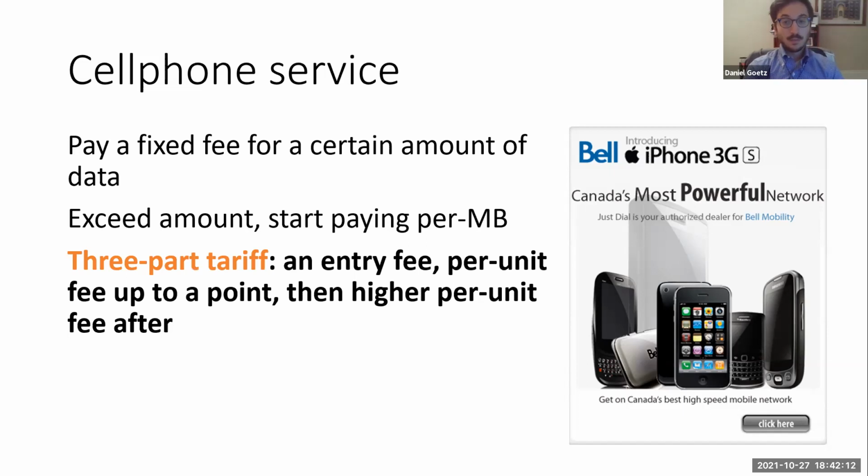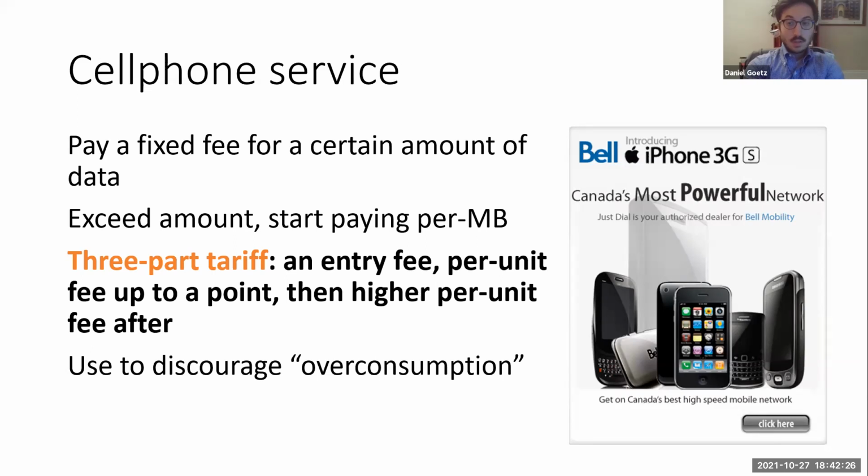There's an entry fee, and then there's a per unit fee up to a point, and then there's a higher per unit fee after that. So what's the logic here? Why a three-part tariff? In this case, you want to use it to discourage overconsumption, right? You see these bandwidth caps less and less, but back in the day, the network was not so good.